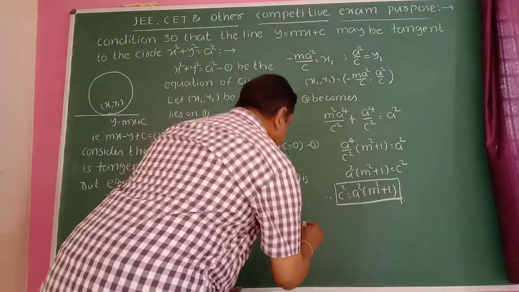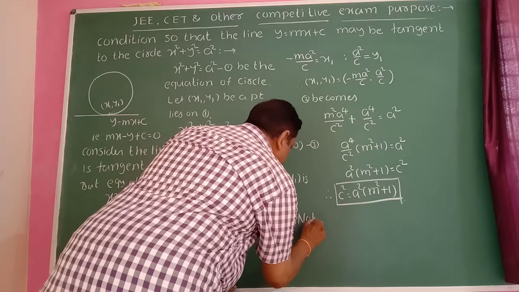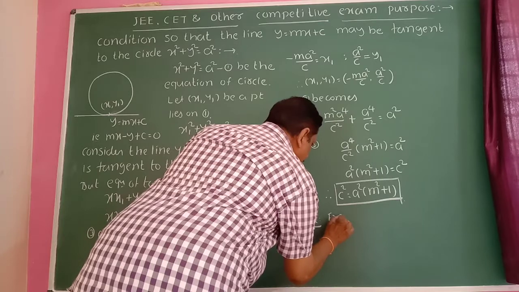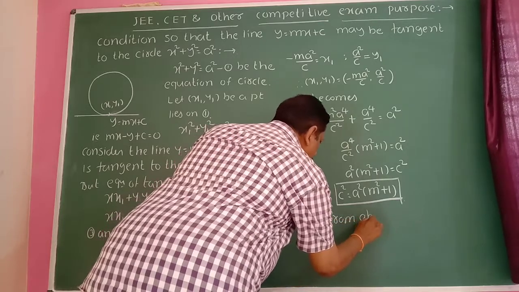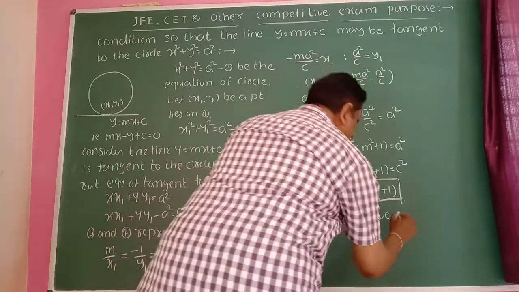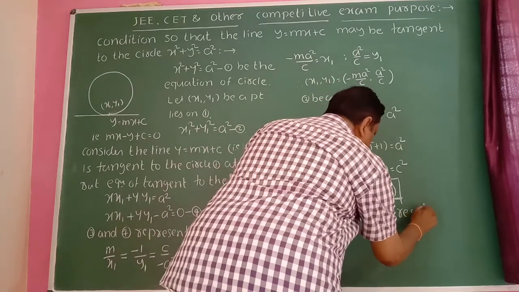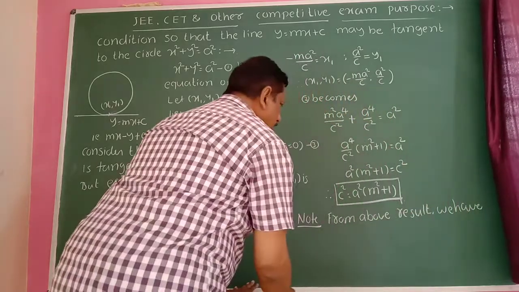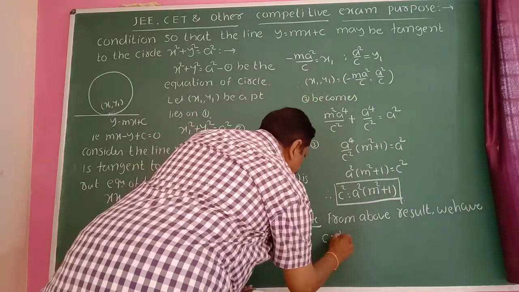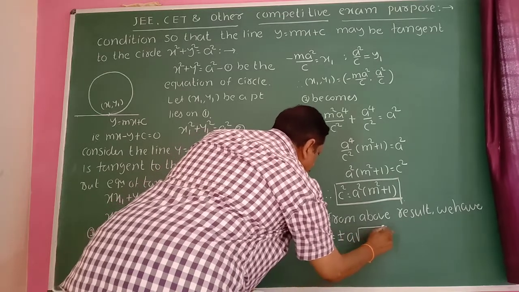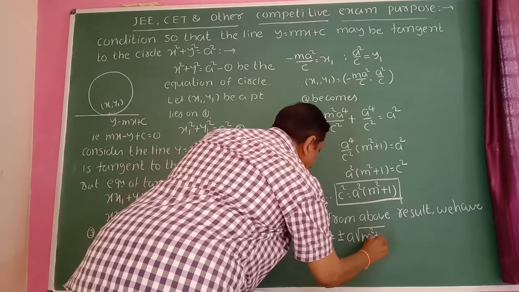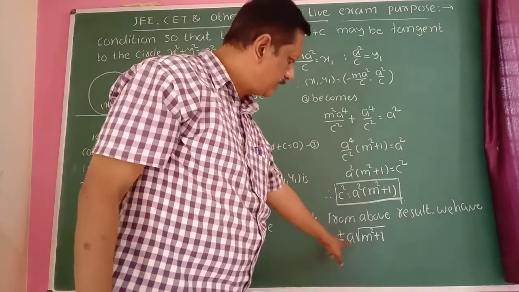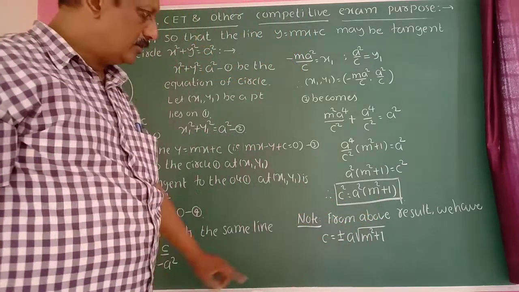Note: from the above result, we have c = ± a√(m² + 1), taking the square root of the right side. So use this c.